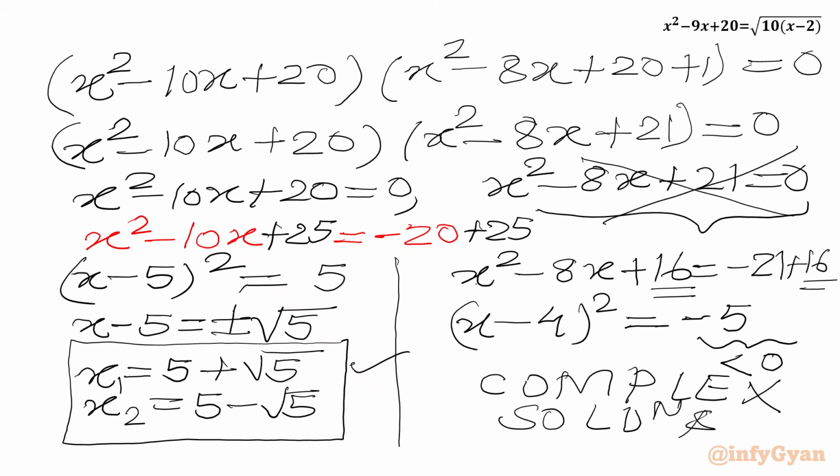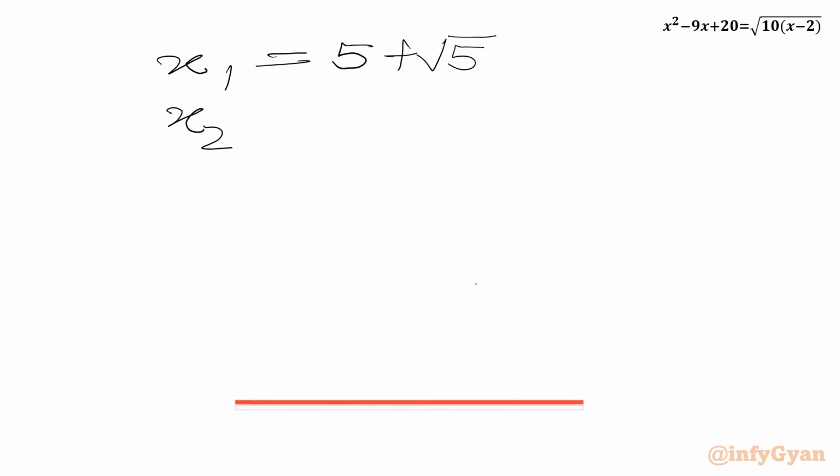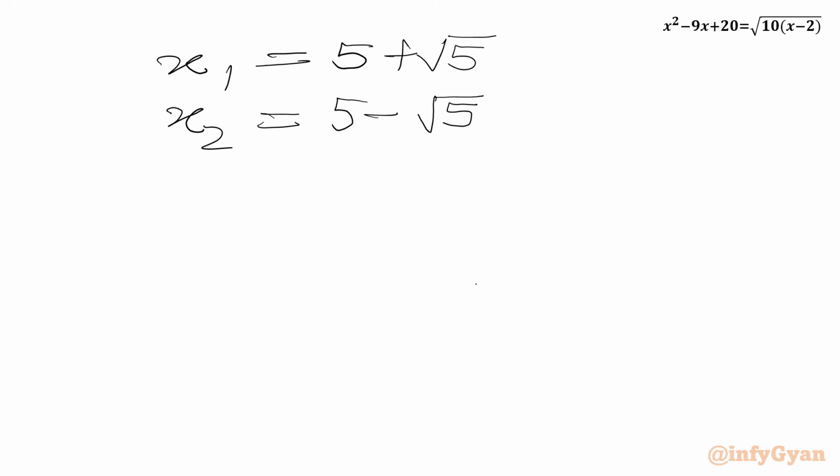So we have two solutions: 5 plus square root 5 and 5 minus square root 5. Let me write here x1 equal to 5 plus square root 5 and x2 equal to 5 minus square root 5. Now we know that square root 5 is 2.23 approximately.